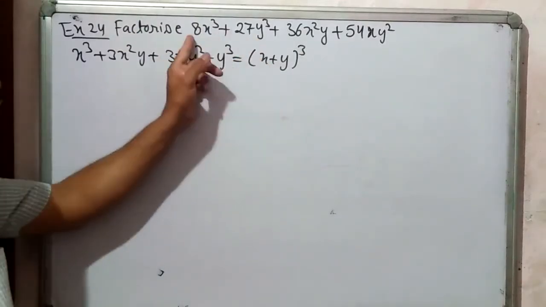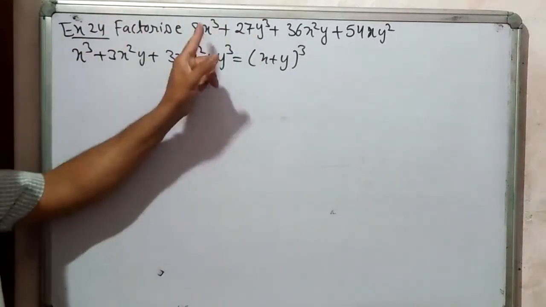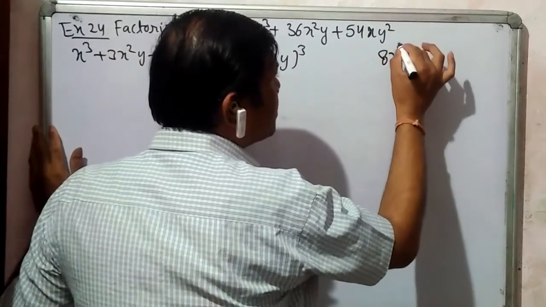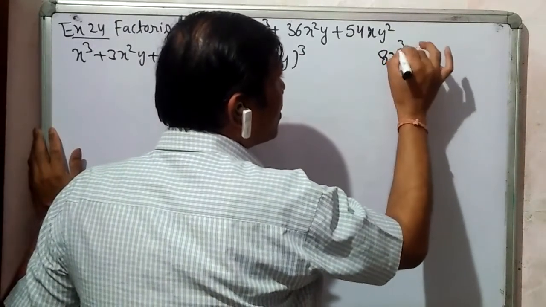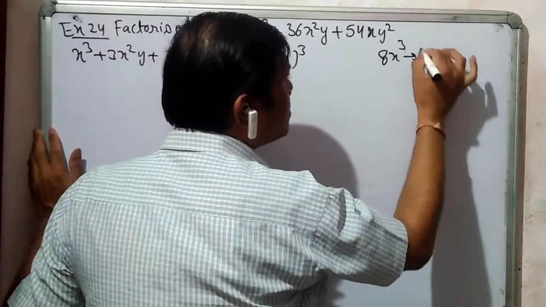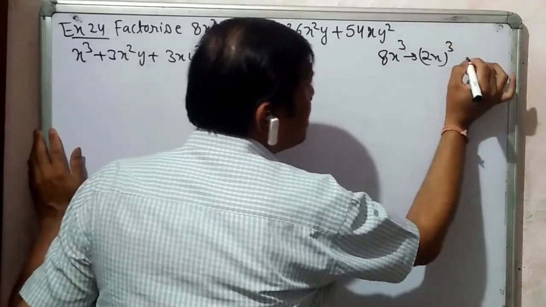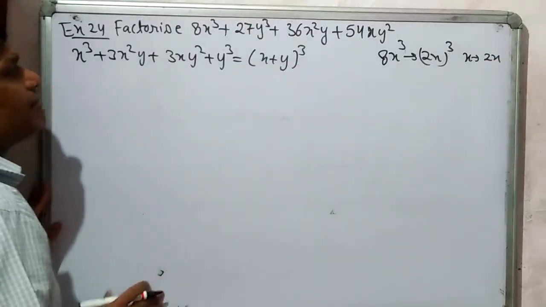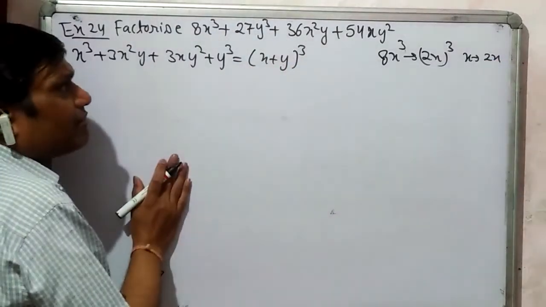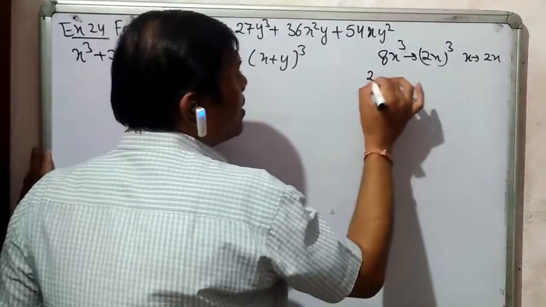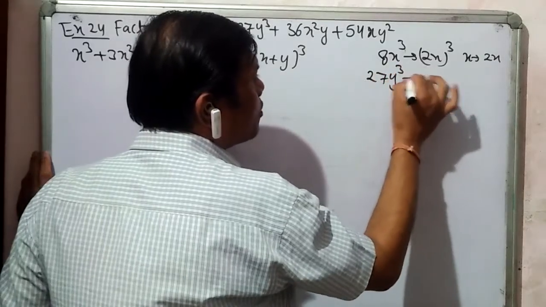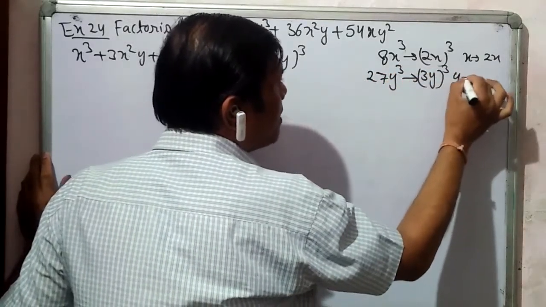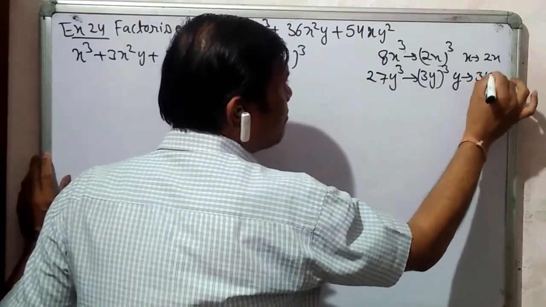From the two complete cube terms, identify x and y. 8x cube is actually (2x) whole cube. That means in place of x we have 2x. 27y cube is actually (3y) whole cube. That means in place of y we have 3y.